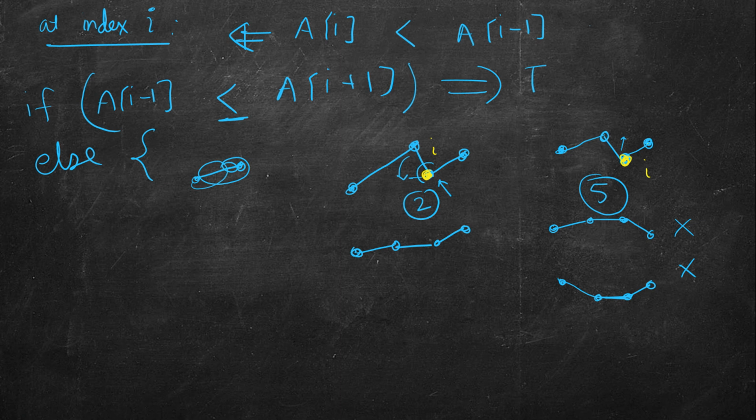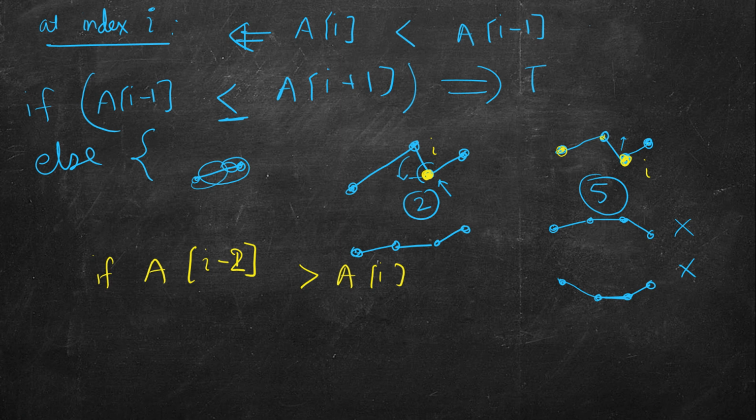But here what will happen? If A[i-2] is more than A[i]. So you see that here this A[i-1] is more than A[i], that's why we had noted this index, but its previous was also less than this. So in that case it will fail.